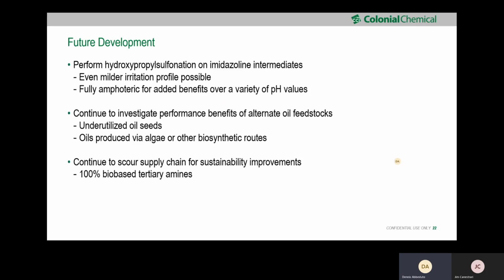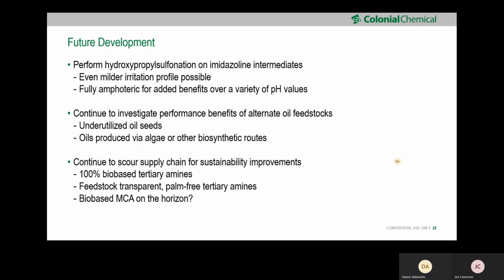That would be, like I had mentioned before, if there were ever 100% bio-based tertiary amines, we would start evaluating those. Certainly looking at better feedstock transparency, looking towards tertiary amines that are potentially palm-free.